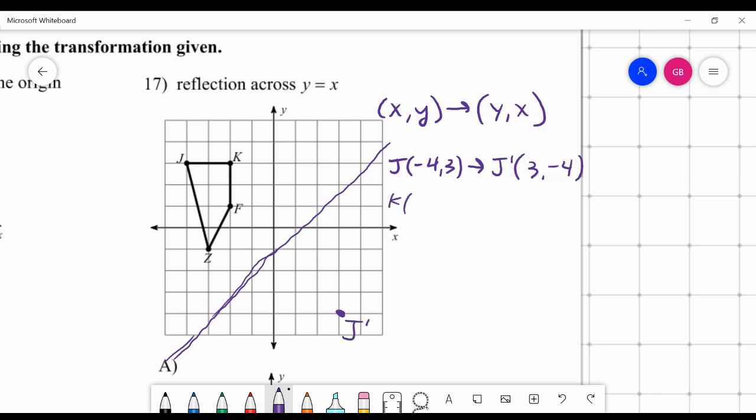K is (-2, 3). K prime is (3, -2). F is (-2, 1), so F prime is (1, -2).